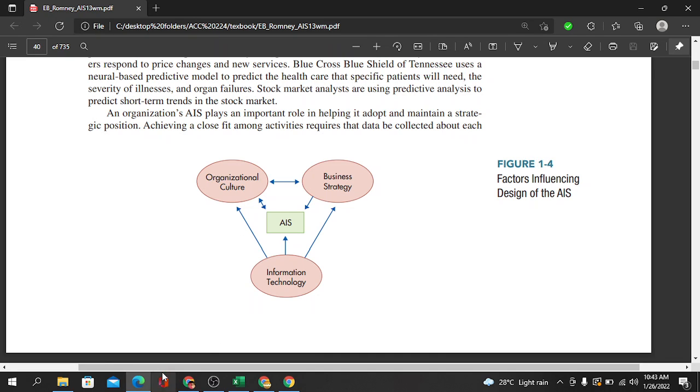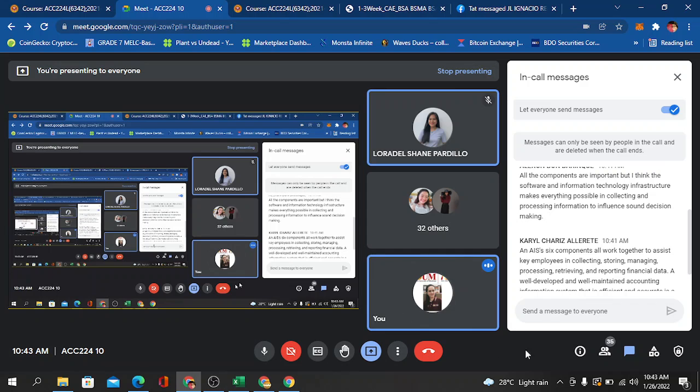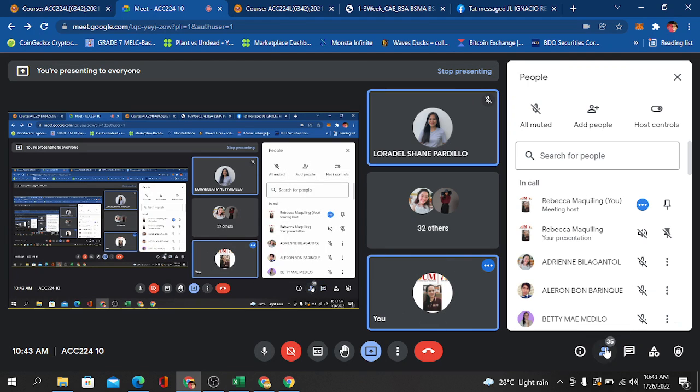How these factors affect or influence the design? So, I will call names. Medelo. Betty, May?